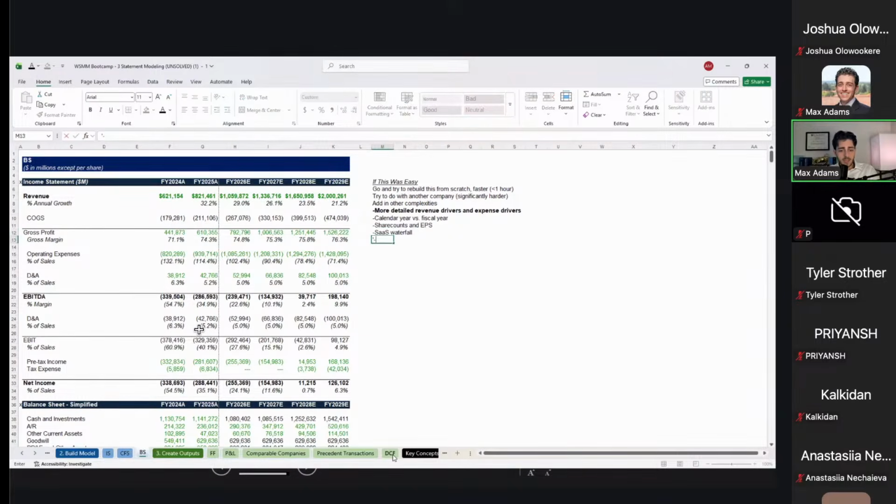You could add in detailed tax schedules and NOLs. You could add in more complexity on individual forecasts of the balance sheet and cash flow statement. There are so many other things that you could do to make this more complex.